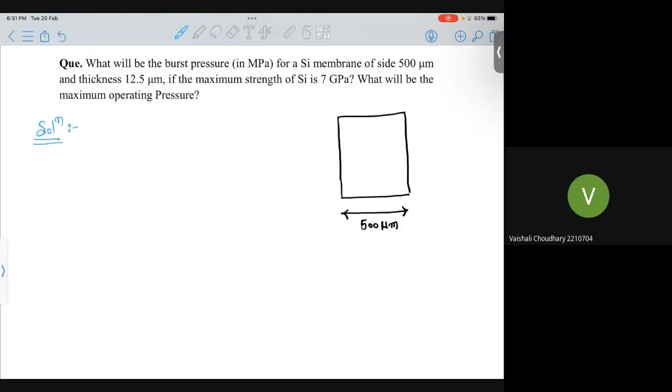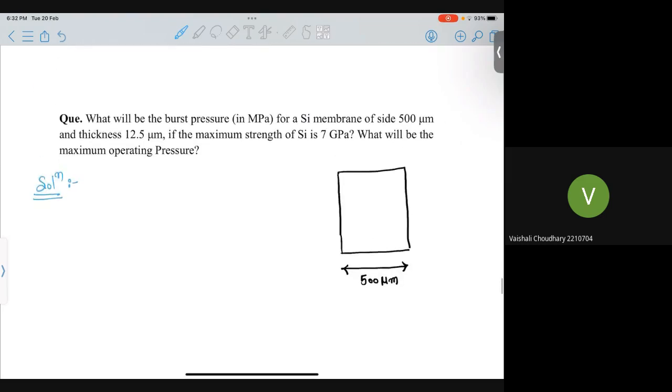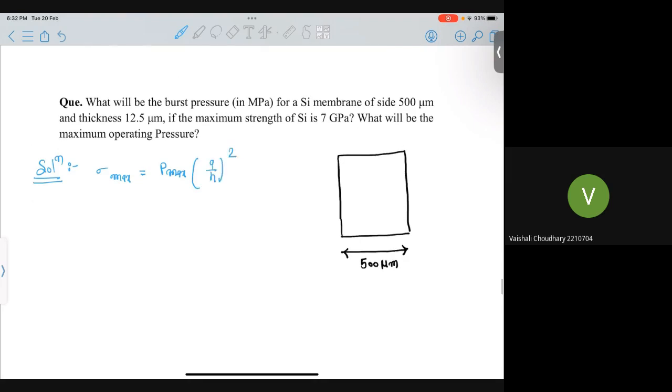We have seen the maximum stress is nothing but the maximum pressure times (A by H) whole square, right?